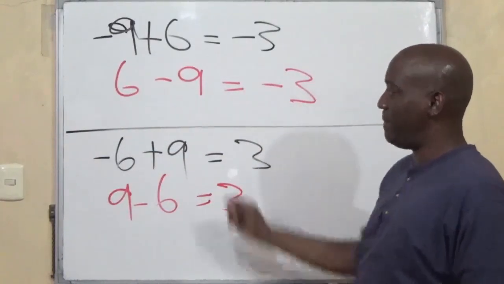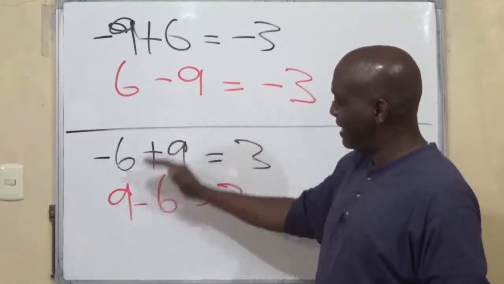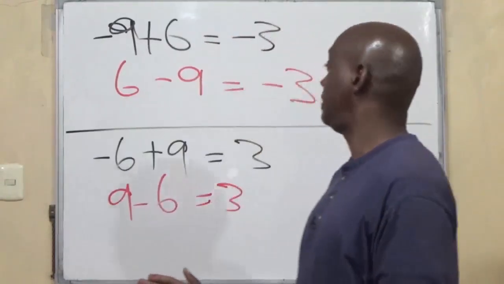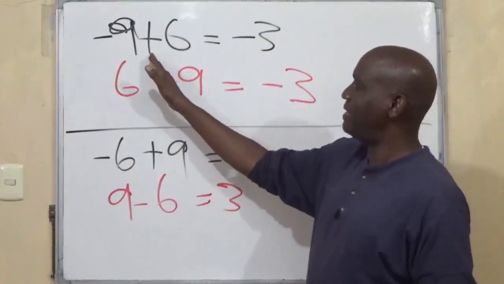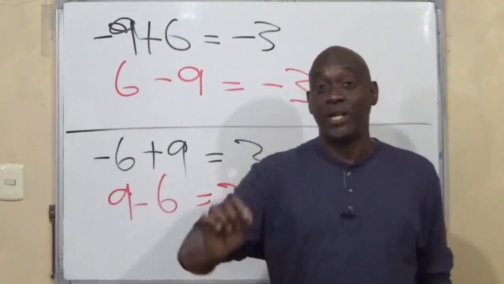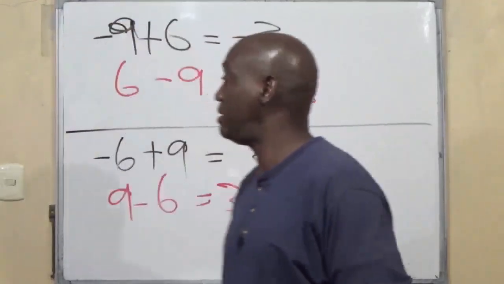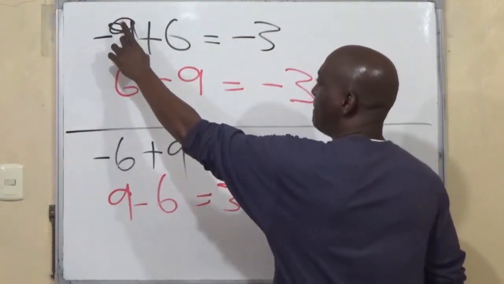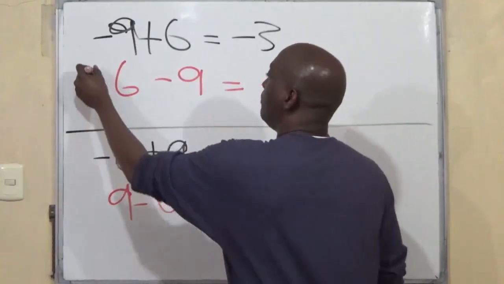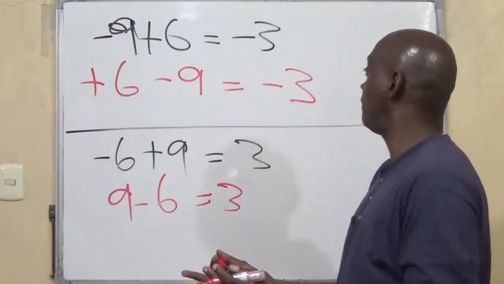All right? Because in both instances here, the line written in red is an easier thing to process. But we had to understand. And the reason why we could do this is because of the commutative nature of the addition operation. So in other words, whether we have minus 9 plus 6 or whether we have plus 6 minus 9 is the same thing, right?